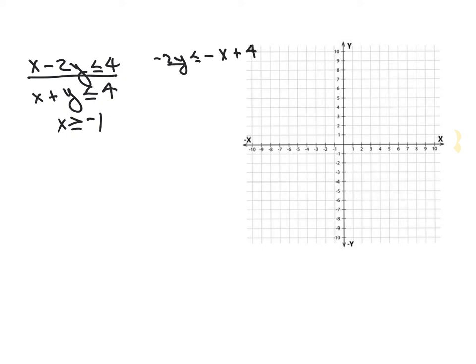We're going to divide both sides by -2, and that will switch our sign, because this is going to be -x over -2, which makes it a positive. And this will be -4 over -2, or just 2.